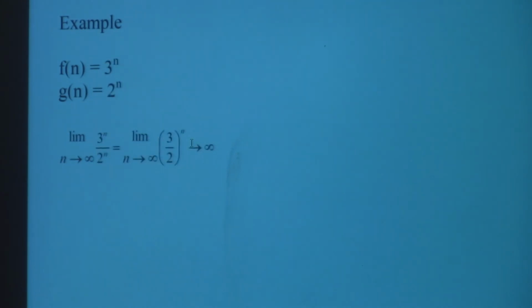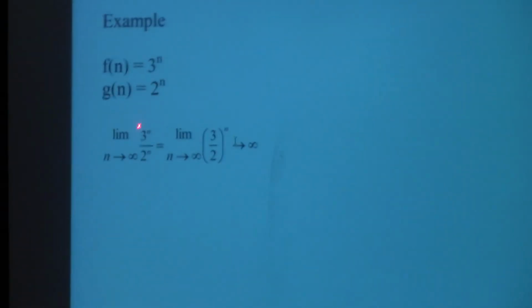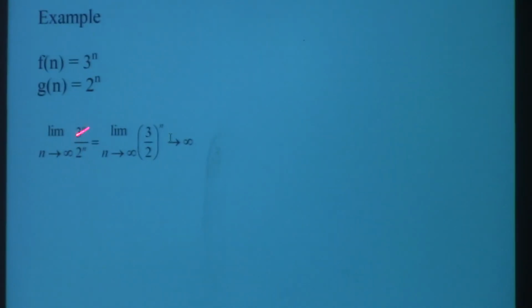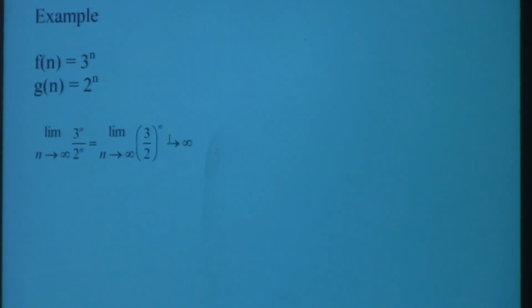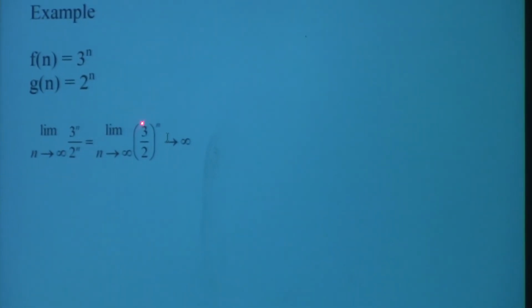So the last question is, are all exponential functions proportional? Let's take 3 to the n over 2 to the n. The limit of 3 to the n over 2 to the n as n goes to infinity: they both go to infinity, but I can rewrite it as 3 over 2 raised to the power of n. 3 over 2 is 1.5.